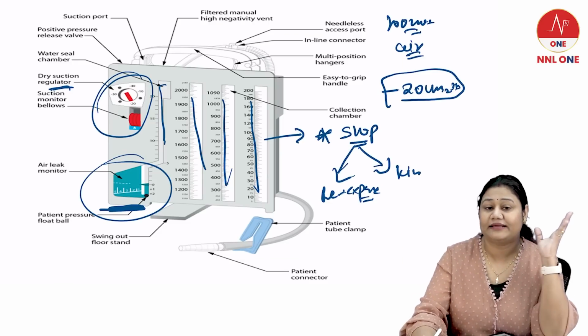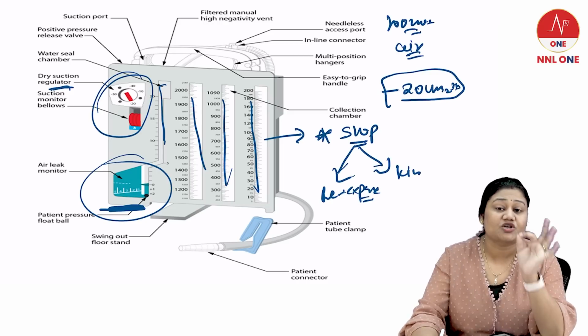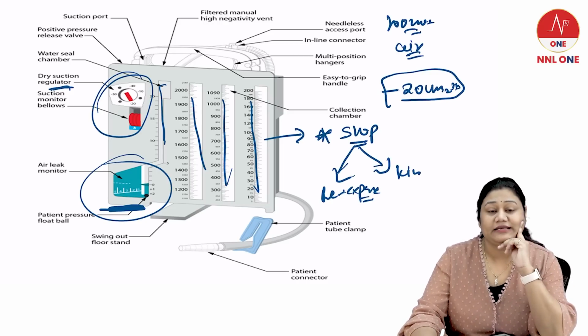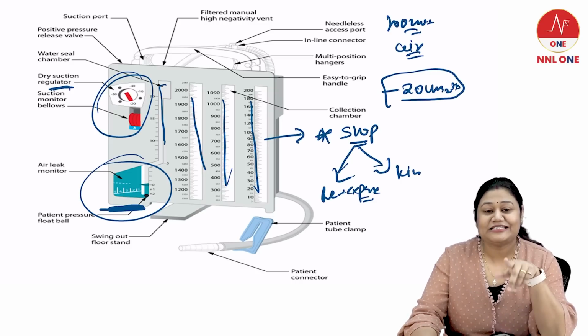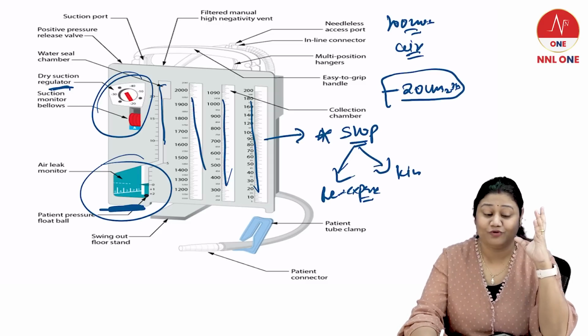So many times students get confused when they say that the patient is having continuous bubbling in a suction chamber. That is normal. But if they ask you about continuous bubbling, the examiner doesn't know that this student, especially the student of Nursing Next Live, is way smarter, right? So examiner, you have to be very smart.